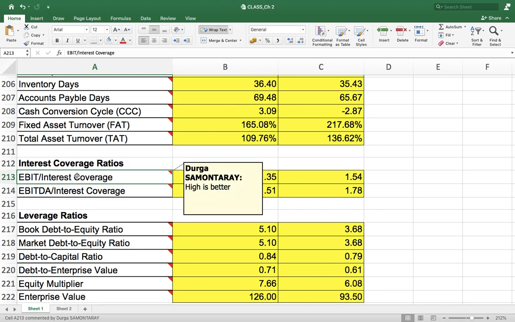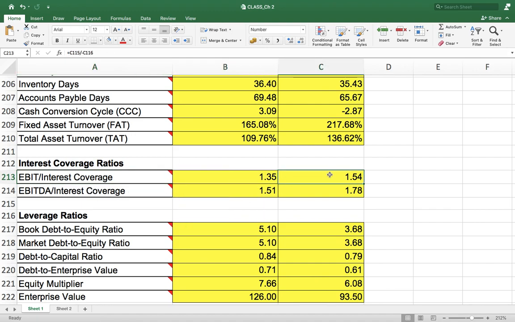EBIT divided by interest will be the EBIT interest coverage: 1.35, 1.54. You see the interest coverage ratio, compared to EBIT, is not very high and going down. The reason is in 2016 they have taken a lot of long-term loan. Because of that, the interest burden increased, and because the interest burden increased, the EBIT interest coverage decreased.